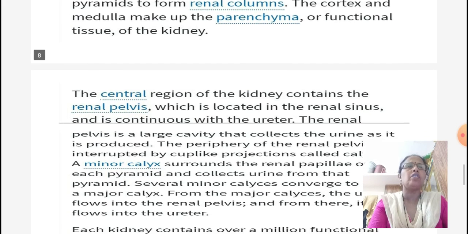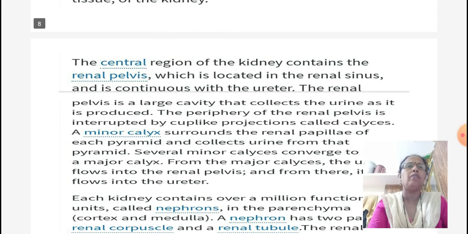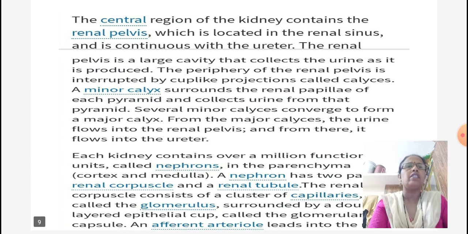The central region of the kidney contains the renal pelvis, which is located in the renal sinus and is continuous with the ureter. The renal pelvis is a large cavity that collects the urine as it is produced. The periphery of the renal pelvis is interrupted by cup-like projections called calyxes, a minor calyx and a major calyx.